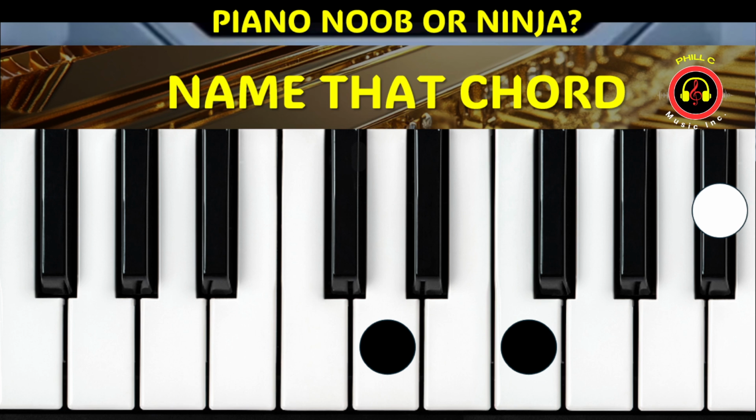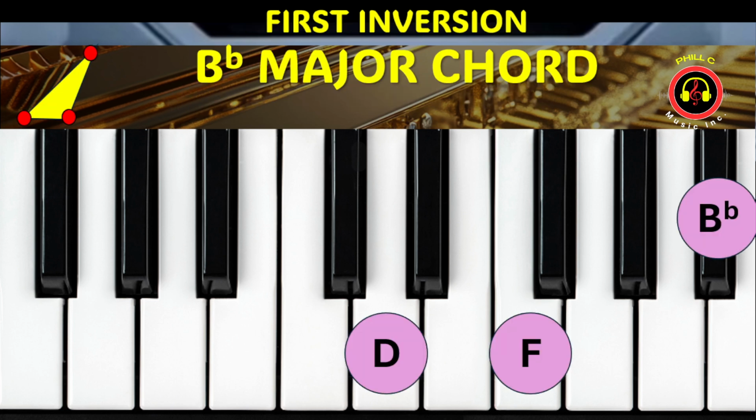So whenever you get a chord like this, you got to think, what are the notes in the chord? And the notes in this chord are D, this one, F, and all the way over there is a B flat. And that's a telltale sign that this is the first inversion of B flat major or A sharp major.